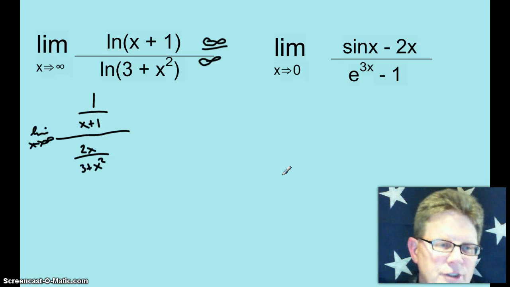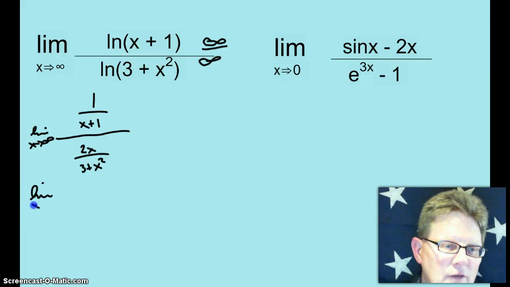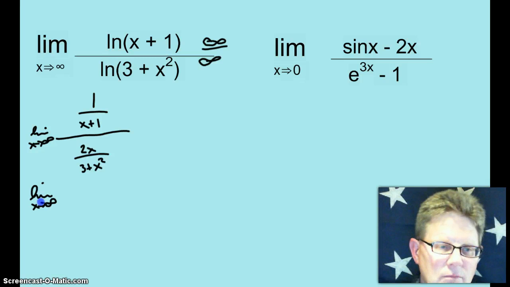Alright, we have a fraction. So once again, the limit as x approaches infinity, 1 over x plus 1 times x plus, 3 plus x squared all over 2x.